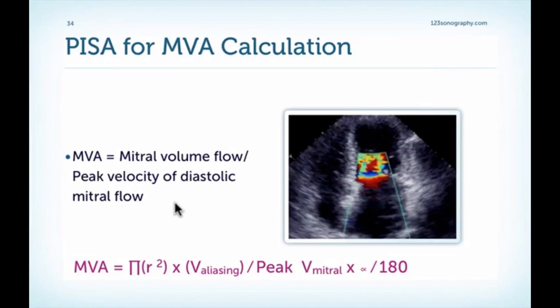Unfortunately, this calculation is fairly complex. What we do is we relate the mitral volume flow to the peak velocity of diastolic mitral flow. We need the size of the aliasing. We need the aliasing velocity, which you can read on the scale in the machine, the peak velocity of the mitral inflow signal, and thereby we derive the mitral valve area.